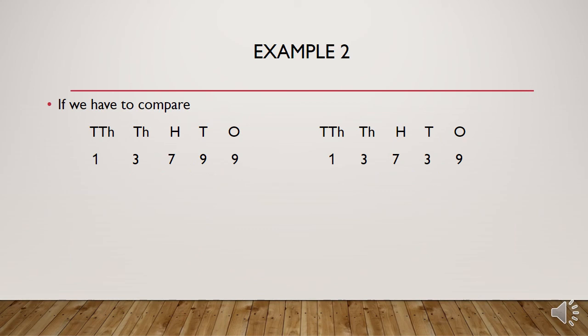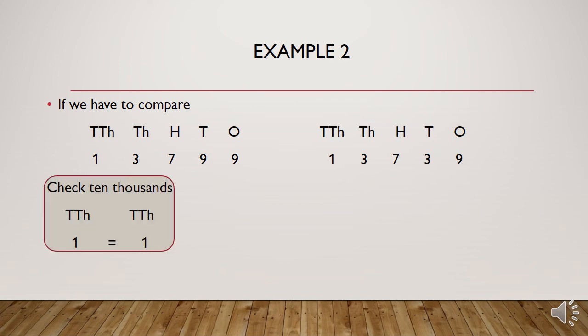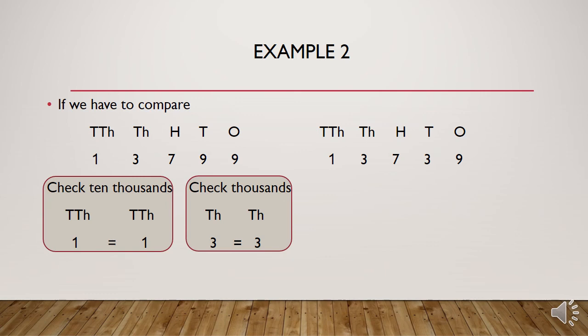In the same way, now we compare two 5-digit numbers. The numbers are 13,799 and 13,739. We start from the 10,000 column and see that 10,000s are the same. Then we move to the thousands column and we find out that thousands are also the same.